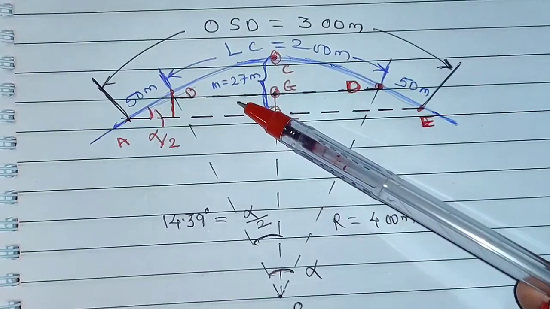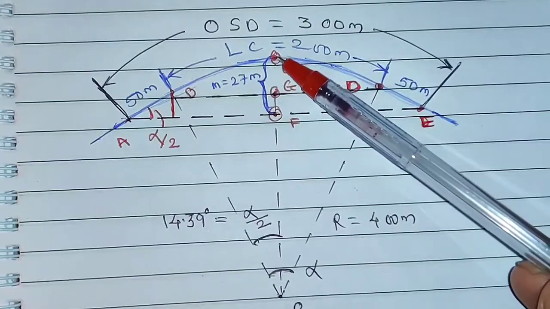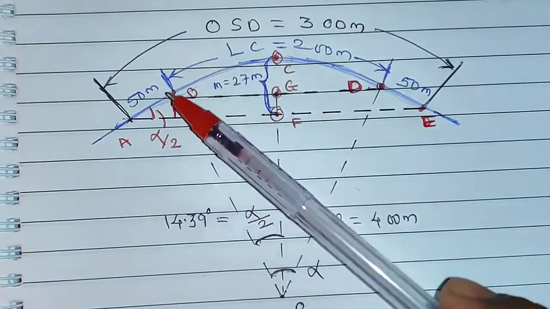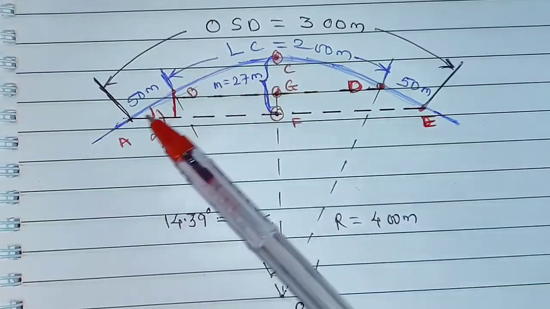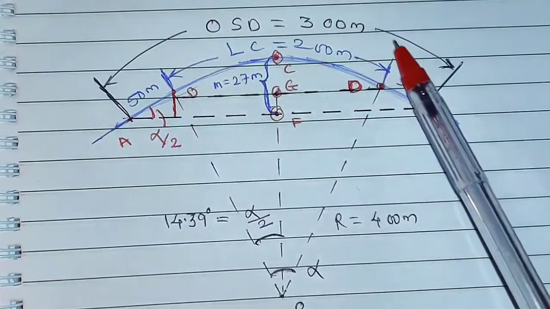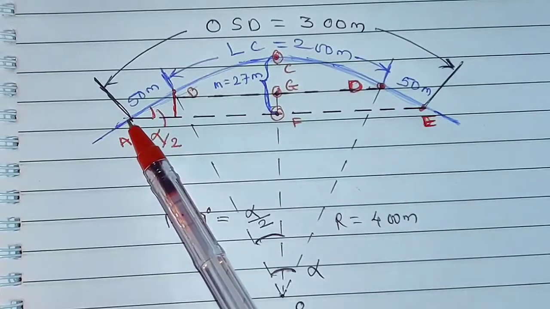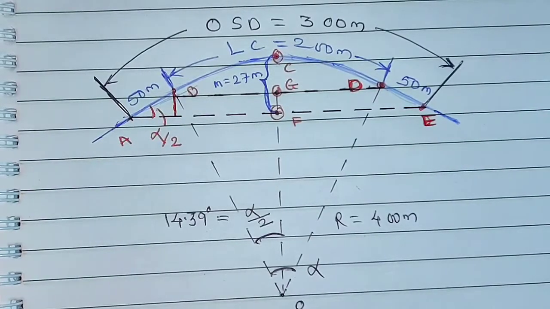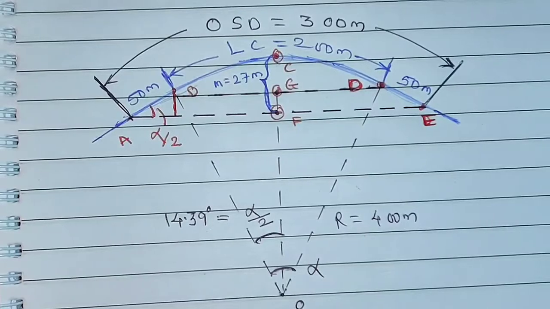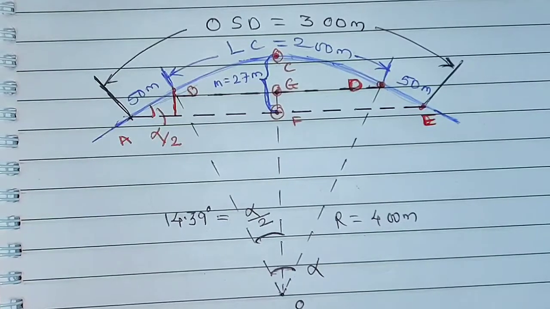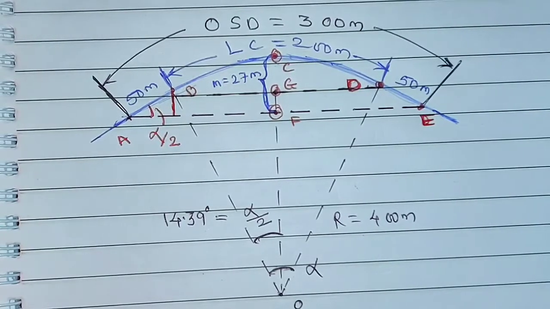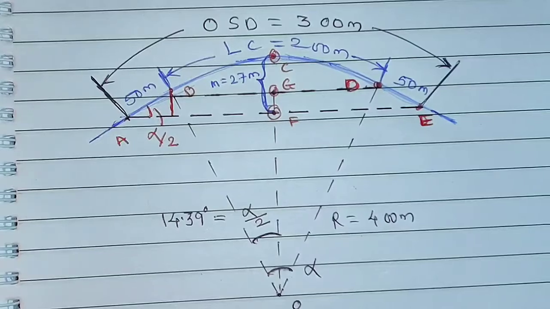So I hope you have understood why we have to calculate the values of M, that is the setback distance, so that when a driver drives on a curve, he will have a clear-cut vision from point A to point E. These sorts of numericals for the setback distance are rarely asked, but it is essential that you are thorough with the concept of solving the numerical as well as the formulas, and very importantly the sketches.